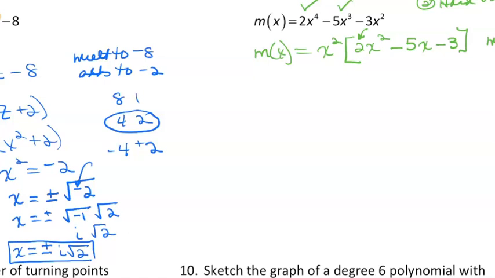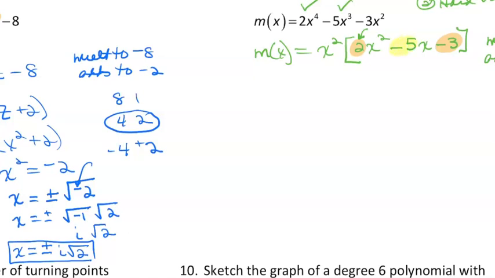What did I do? I multiplied this times that. That's how I got the negative 6. And adds to a negative 5. So where did that come from? Let me get another color.